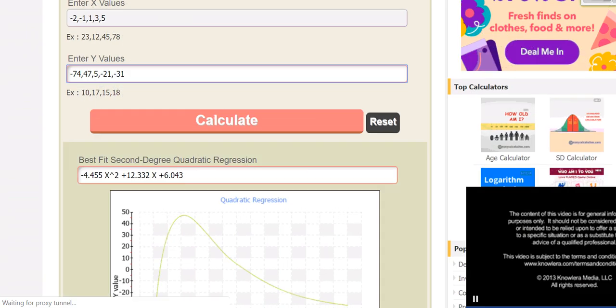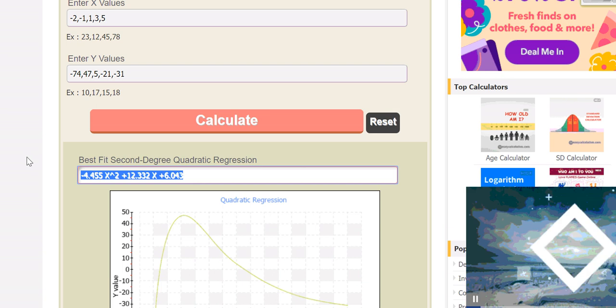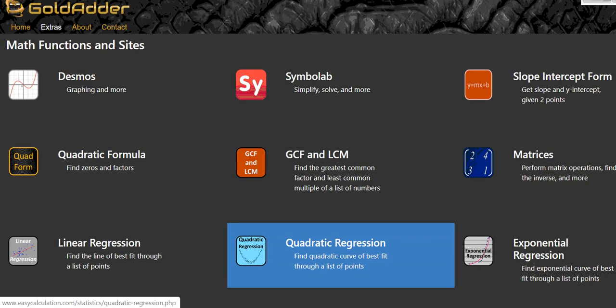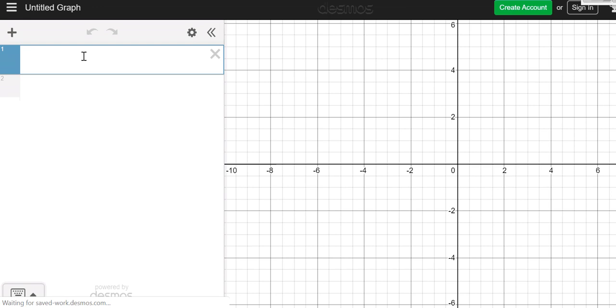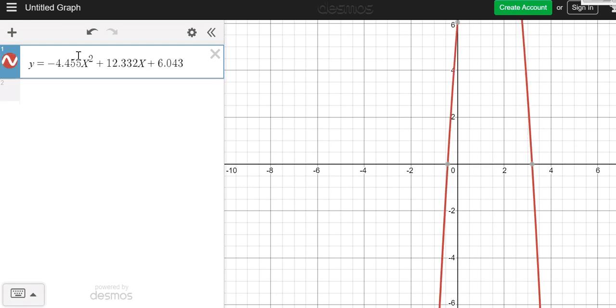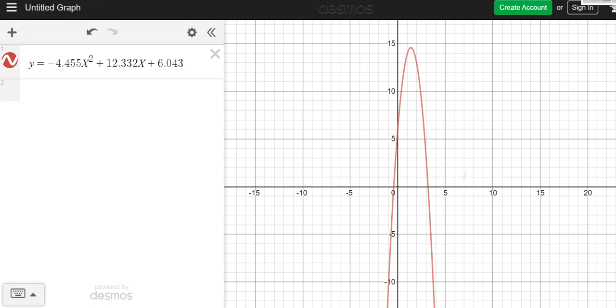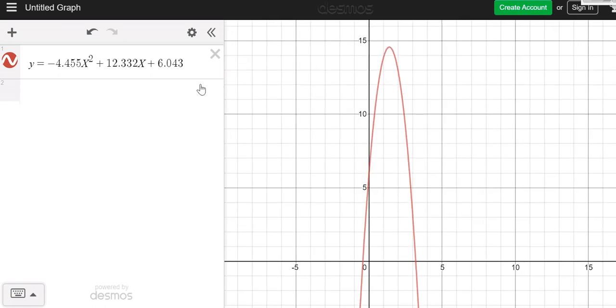The computer did it. Now we want to take this and copy it over to Desmos. I want to find the vertex of this thing, so let's again let Desmos do all the heavy lifting. Okay, so we're looking at this parabola here.